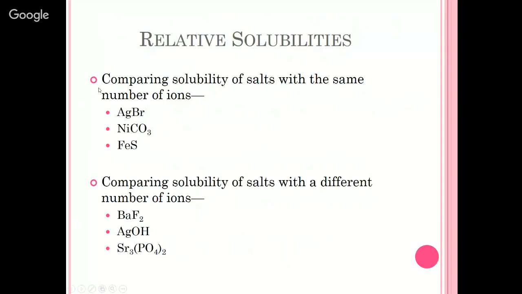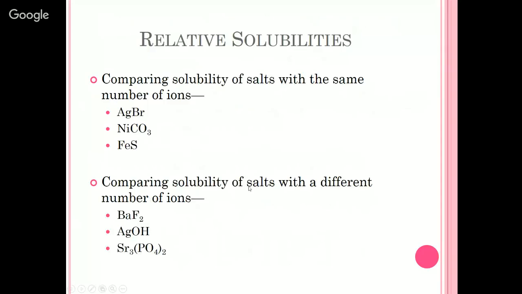If we set up our equilibrium expression, this would be x times x, x times x, x times x. So we would have Ksp equals x squared. We can solve this, and those solubilities we can compare directly. If our magnitudes are 10 to the negative 8, 10 to the negative 10, 10 to the negative 15, what's more soluble? Something that's 10 to the negative 8 versus something 10 to the negative 15.